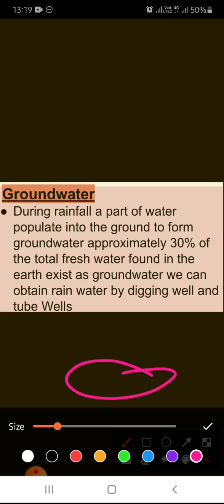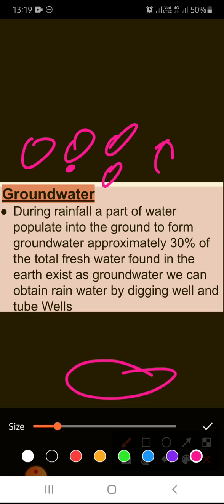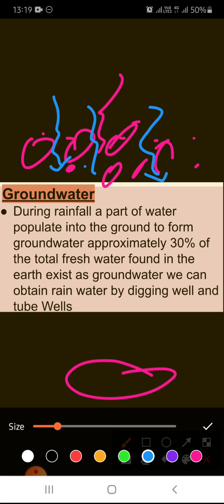As water passes through the several layers of sand and rocks under the ground, it filters naturally and is stored underground.